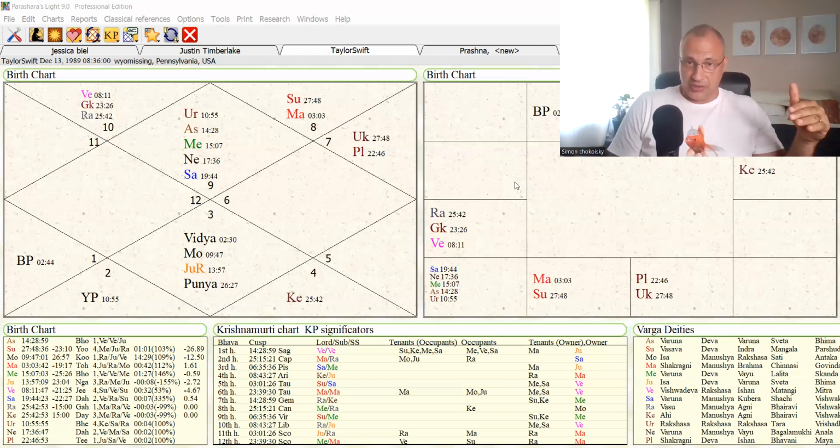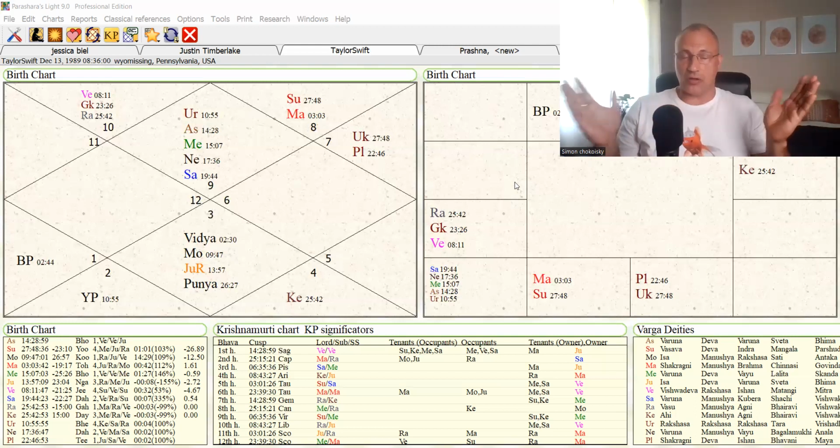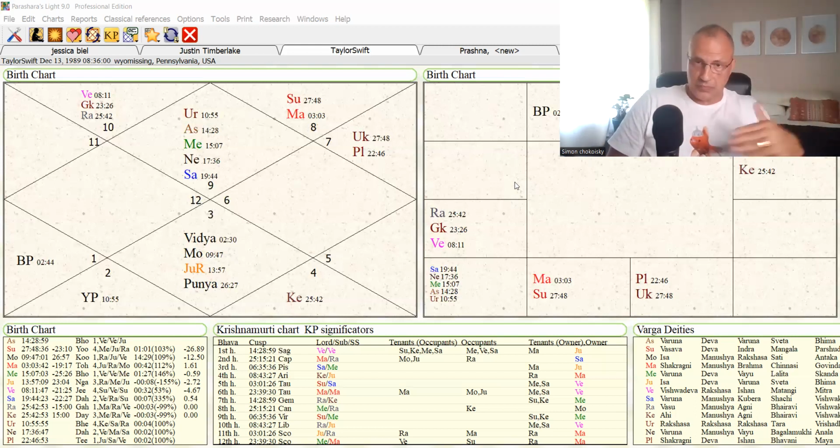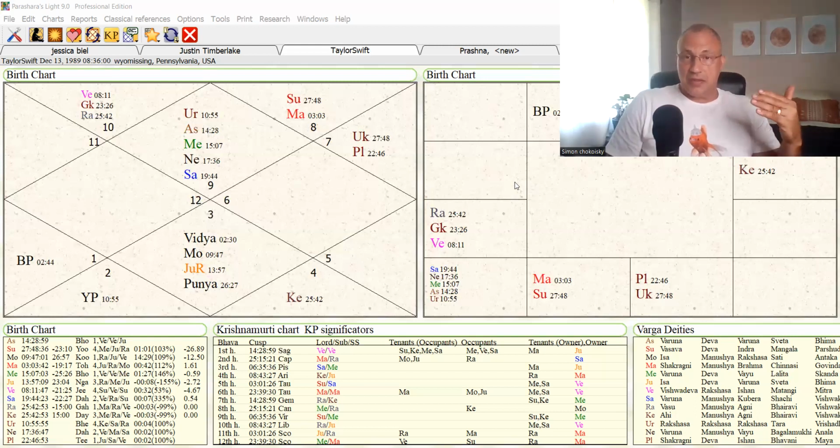So when you see charts like this, as a Jyotishi, as a Vedic scholar, you pranam and you bow down to the person, because they have done things to deserve this. Even people whom you don't like, right? Now, that doesn't mean that they are making the best use of it in this life, or maybe they are, we don't know.